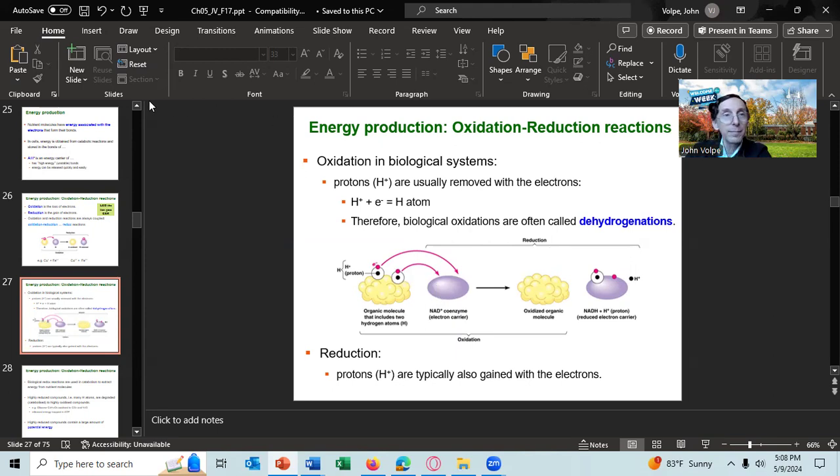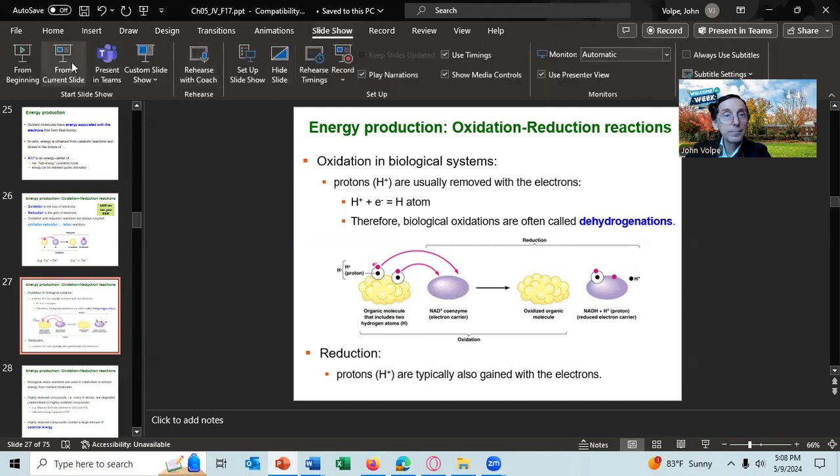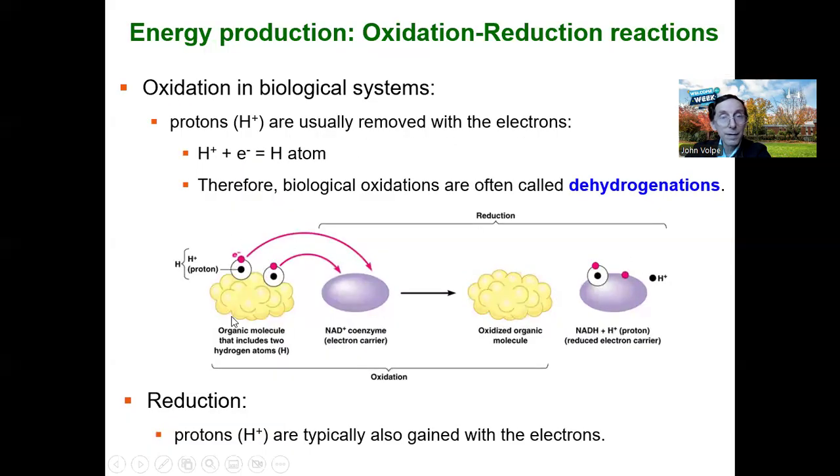So let me blow this up so I can see it a little better. This molecule is going to become oxidized, losing the electron. It will also lose a hydrogen ion, which will then go to NAD plus. This is just an organic molecule like glucose.